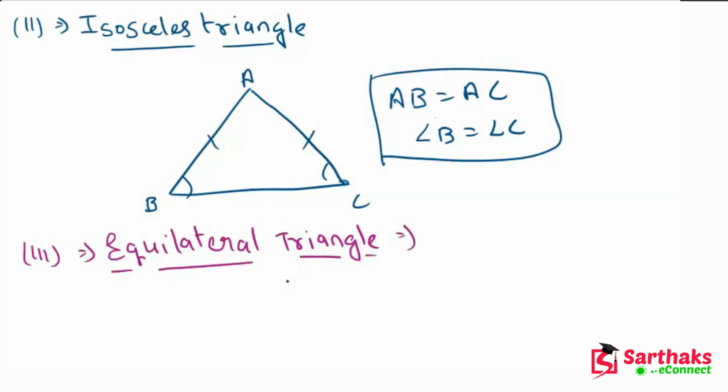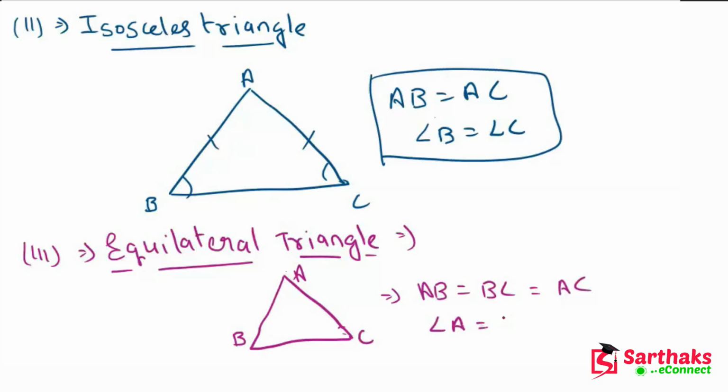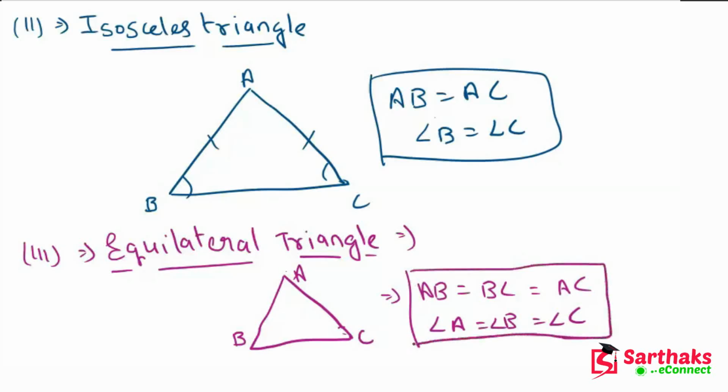Now equilateral triangles are those triangles which have all the sides equal, and all the angles are also equal, A, B and C. So in this case, AB is equal to BC is equal to AC, and angle A is equal to angle B is equal to angle C. So friends, this is our equilateral triangle. I hope you understand these things.